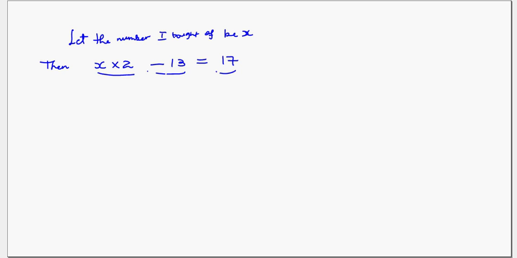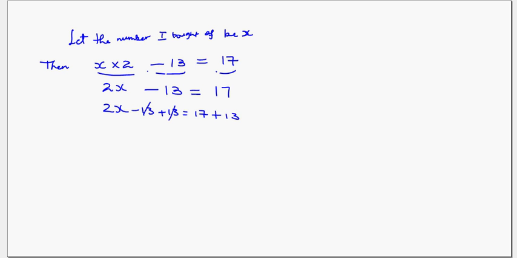So we form a very simple equation, which is x times 2, which is 2x minus 13 is equal to 17. Right? And because we are so proficient at solving equations, this is an easy one to solve. So here it will become simply 2x minus 13 plus 13 is equal to 17 plus 13.